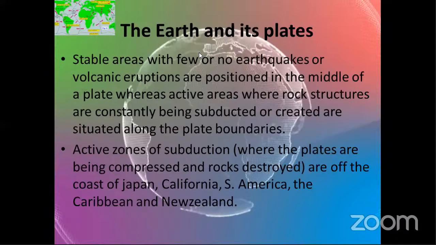But in those plates where there are no earthquakes and no volcanic eruptions, these places are more stable. That is the difference. So why are these plates stable? It's because their boundaries, or the edges of those plates, are where processes like earthquakes and volcanic eruptions are happening.